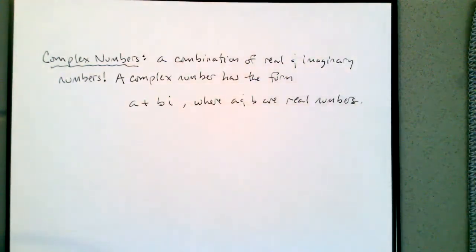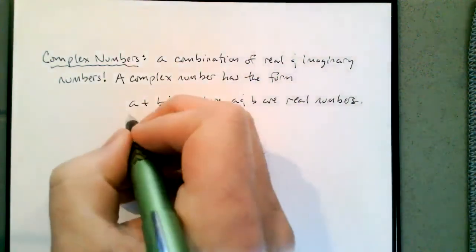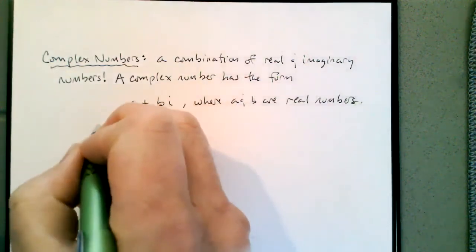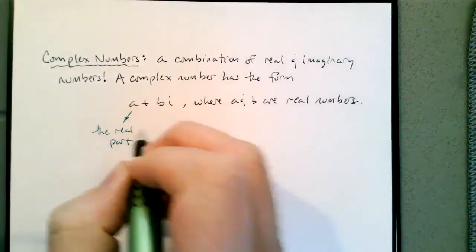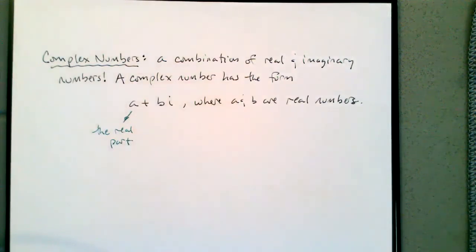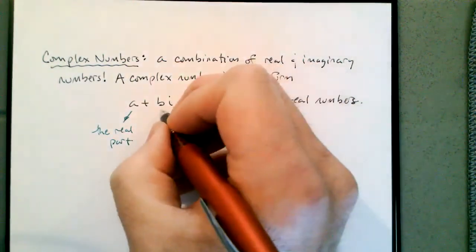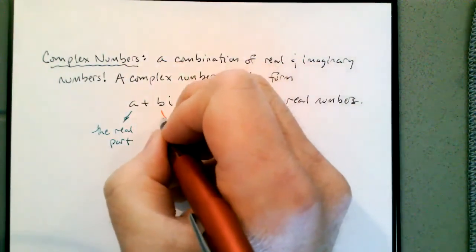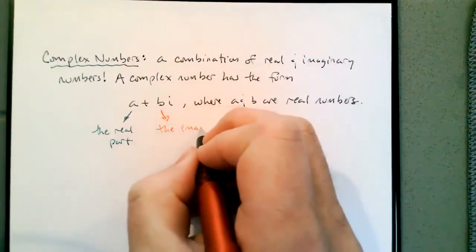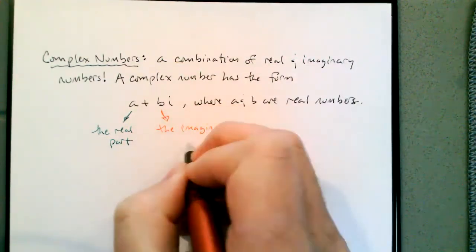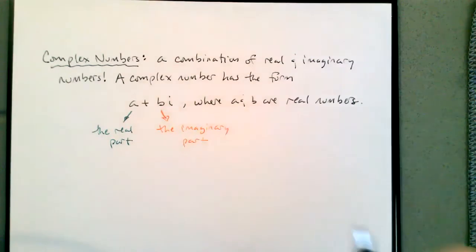A is called the real part, and b is called the imaginary part. So a complex number has these two parts to it, a real part and an imaginary part.